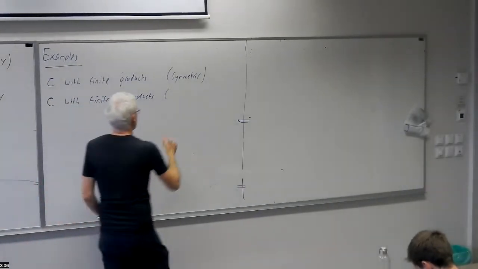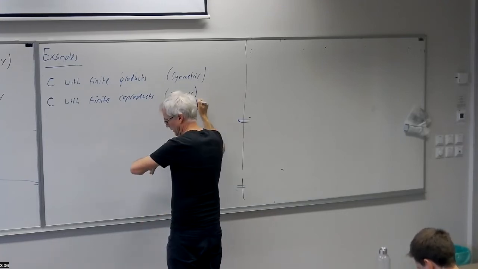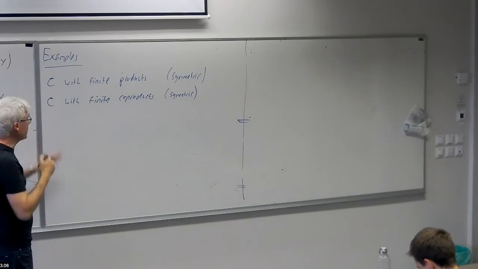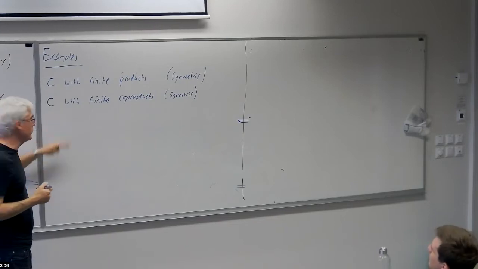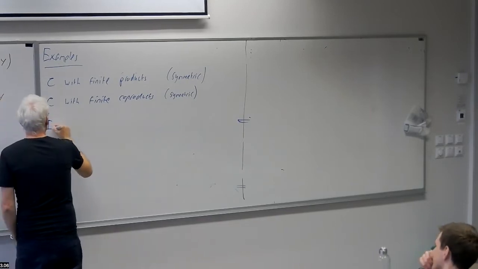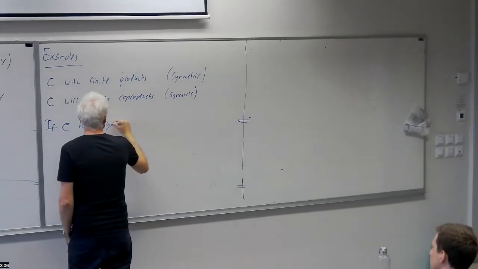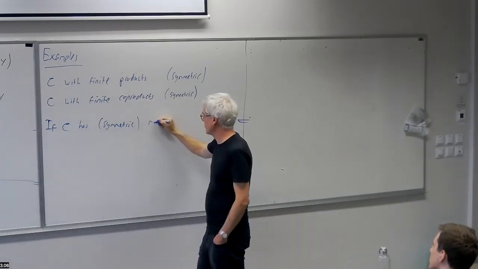It's again symmetric. Another, just to mention it, another nice class of examples is if C has monoidal structure, symmetric or not.